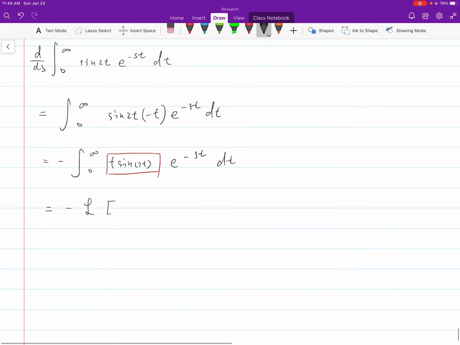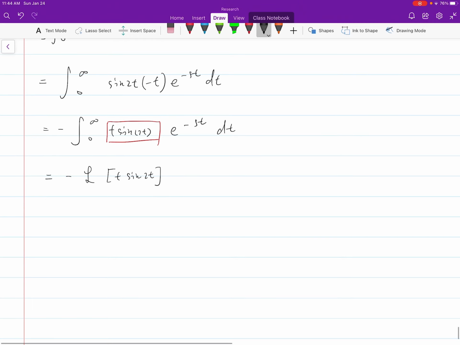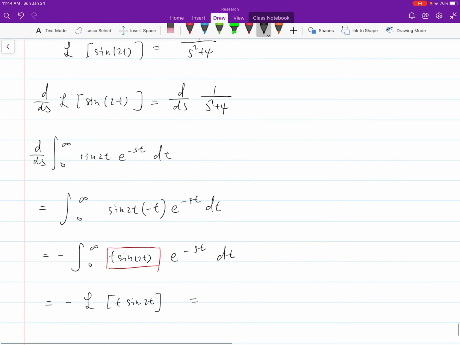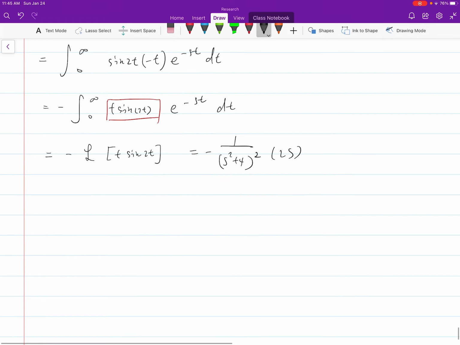T sine 2t. And this equals the derivative of that. The derivative of that is going to be negative times the derivative of the inside, s squared plus 4, so times 2s.